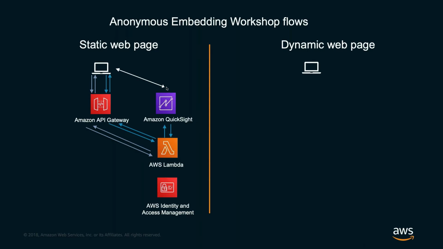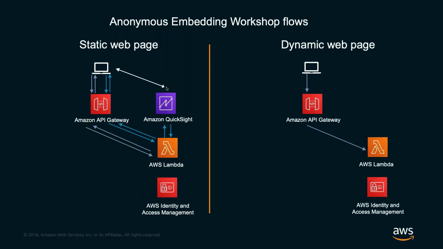Herein we will use the same set of components, but the client is going to call API gateway. API gateway will invoke Lambda, and Lambda will straight away go make that request to Amazon QuickSight, generate the embed URL, and it will replace the HTML content we have there within Lambda.